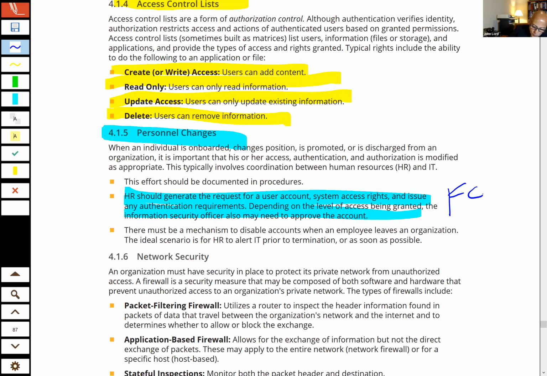Okay, looking at network security, and firewall. A firewall is a way to avoid unauthorized access, and flashcard that a firewall could be software and/or hardware.